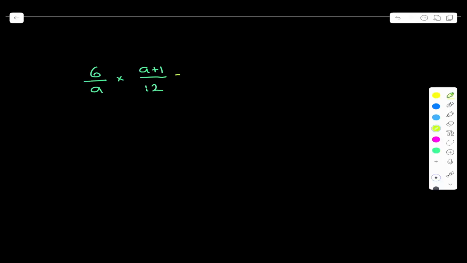So welcome back, hopefully you gave that a bit of a go. So let's do this. You're going to do numerator times numerator, so it's going to be 6 times a plus 1 and denominator times denominator, which is 12a. And the 6 and the 12 can simplify because 6 goes into both of them, into that once, into that twice.